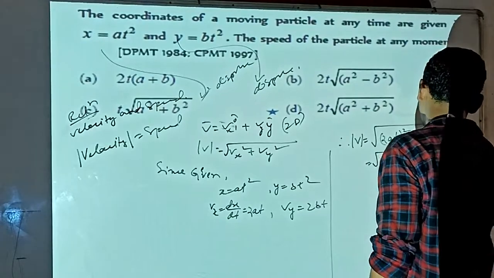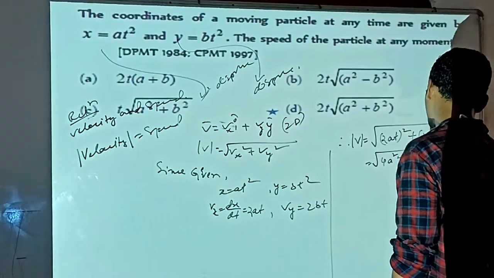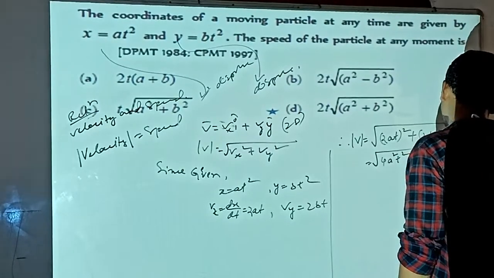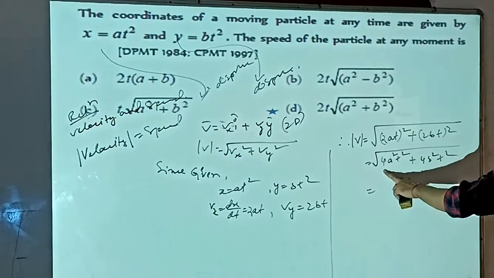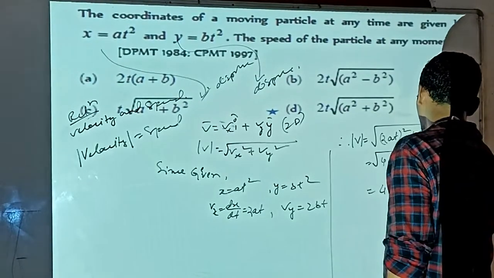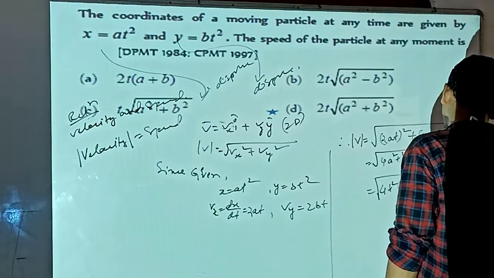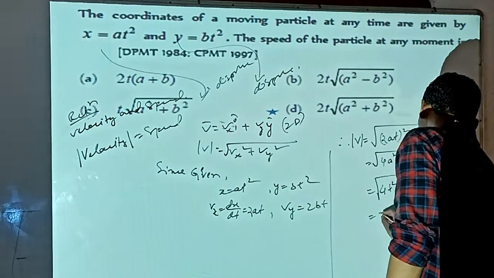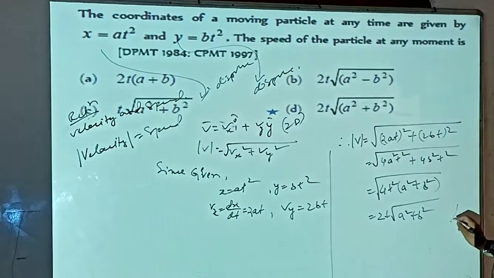So you get 4 a square t square plus 4 b square t square. If you take common 4 t square, you get a square plus b square. So that will be twice t into root over a square plus b square, okay?